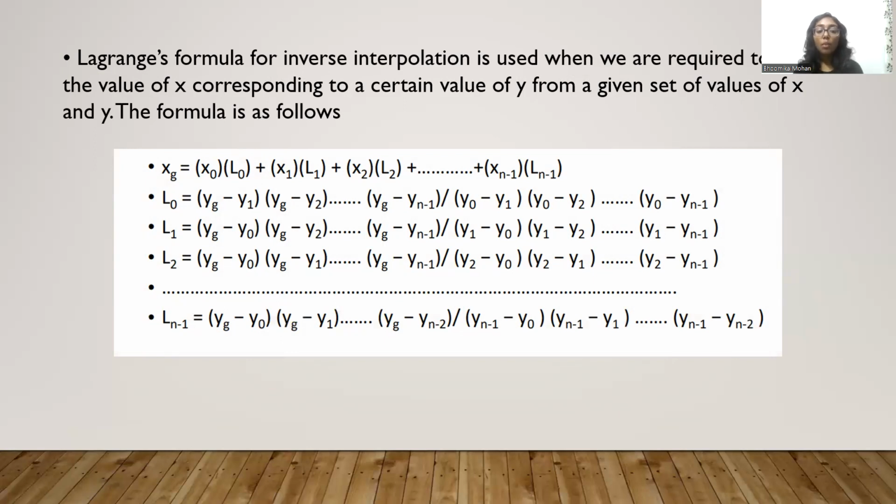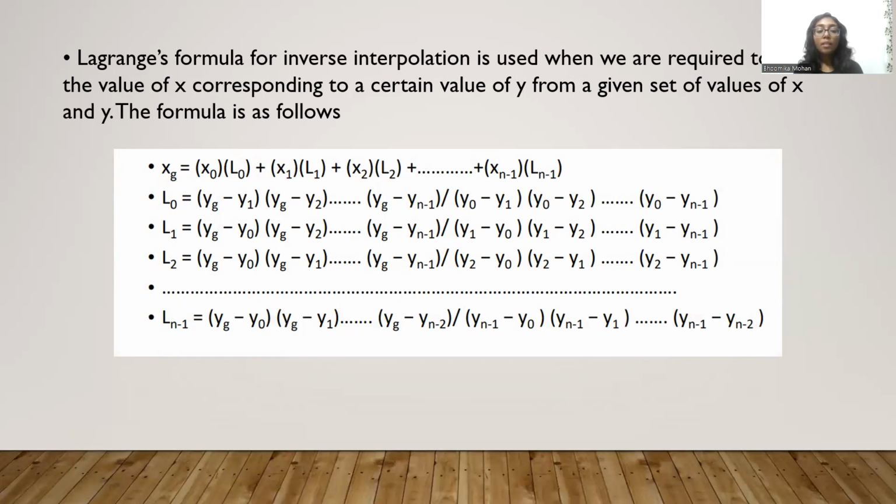L1 equals yg minus y0, yg minus y2, so on till yg minus yn minus 1 divided by y1 minus y0 into y1 minus y2 into so on till y1 minus yn minus 1. L2 equals yg minus y0, yg minus y1, so on till yg minus yn minus 1 divided by y2 minus y0 into y2 minus y1 into so on till y2 minus yn minus 1.